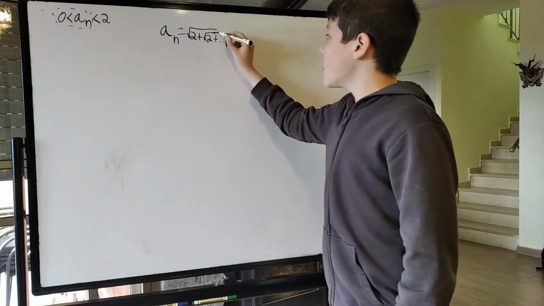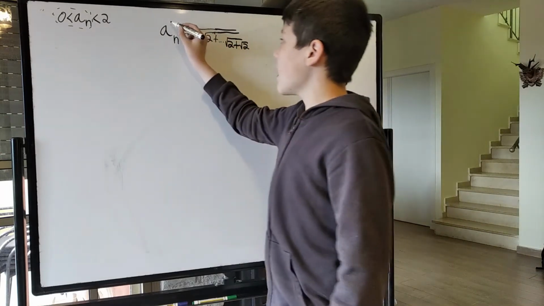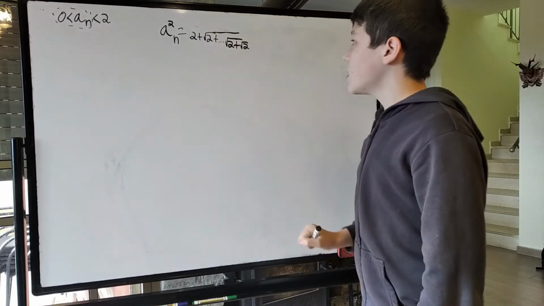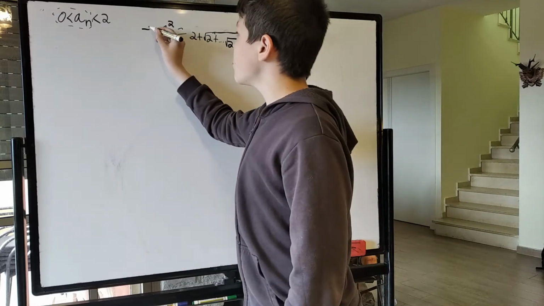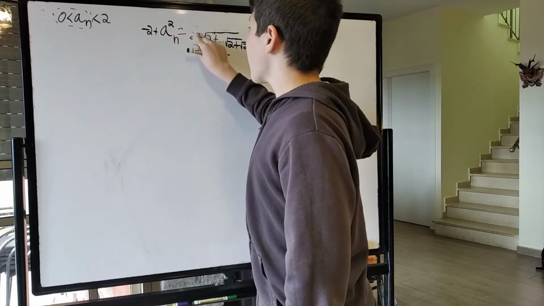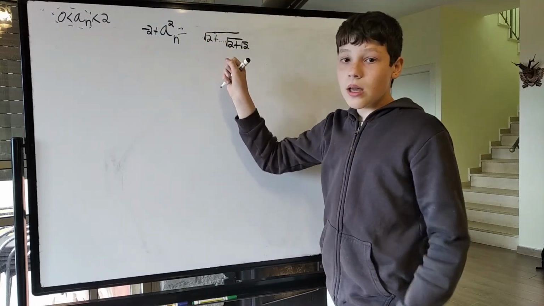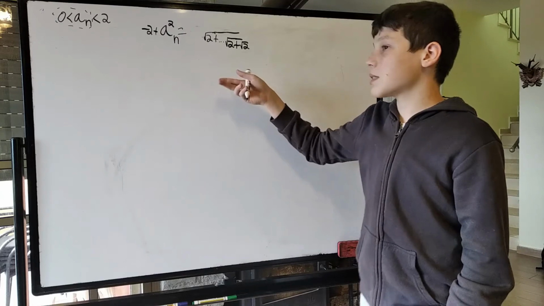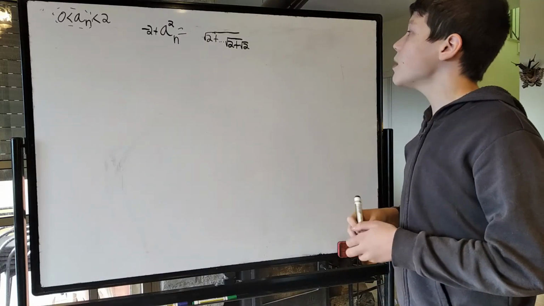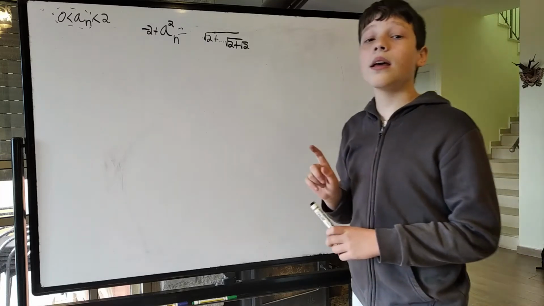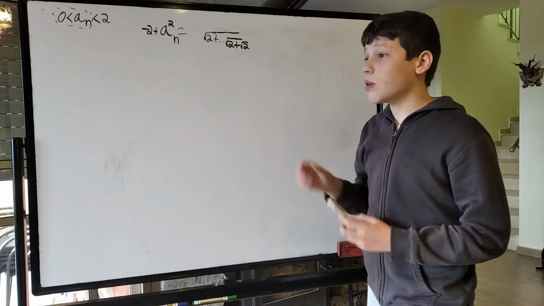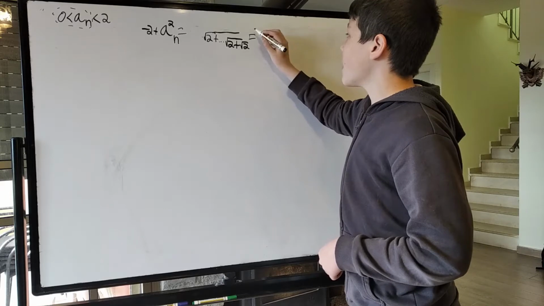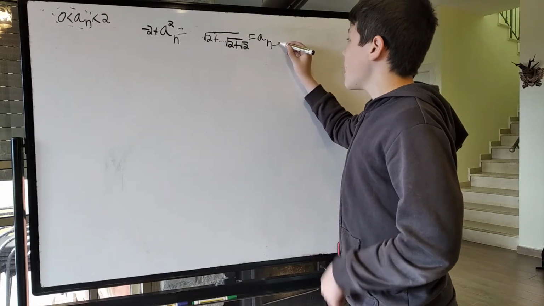Meaning that if we square a_n, we get rid of this square root, and then when we subtract 2, so a_n squared minus 2, we get rid of this 2, and we are left with the exact same looking square root type number, except instead of n amount of 2s, we have n minus 1 amount of 2s inside this, meaning that by our definition of a_n, this has to be a_{n-1}.